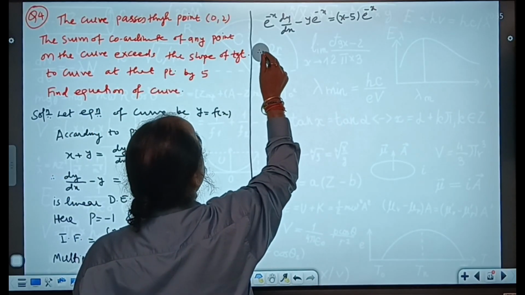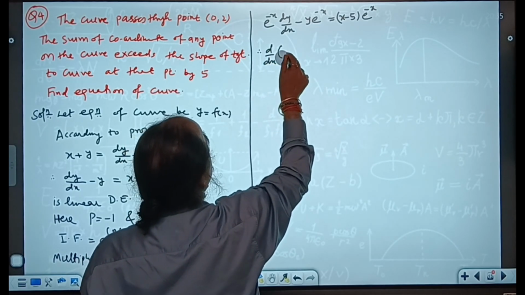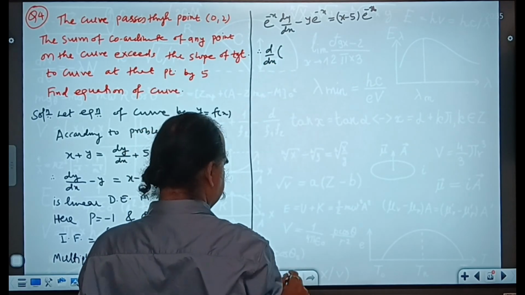The left hand side is what? d by dx of e raised to minus x into y.